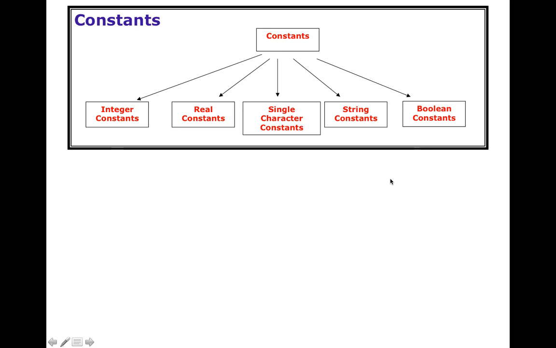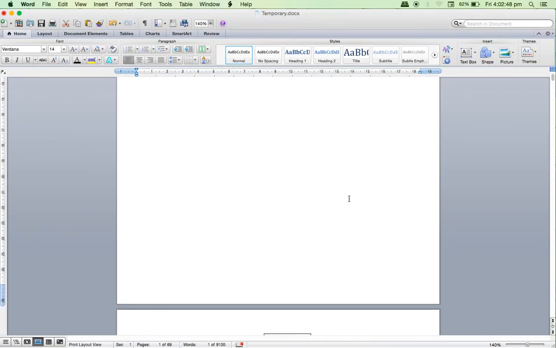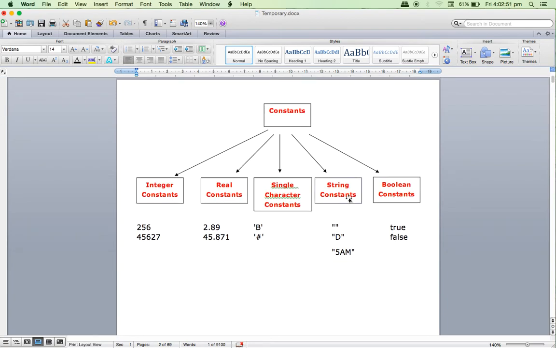When I show you examples of these constants, you will find them very simple. So, have a look at this particular diagram. Any integer number, look at the mouse pointer, is called an integer constant. So something like 256 is an integer constant.